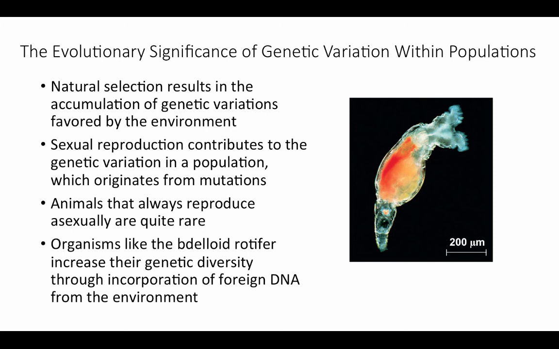The example that you saw in your book was this bdelloid rotifer that reproduces asexually, but also can incorporate foreign DNA from other species, usually closely related species, into their cells and actually incorporate that DNA into their genome to keep this genetic variability in the population to be able to respond in an evolutionary way to changes in the environment.